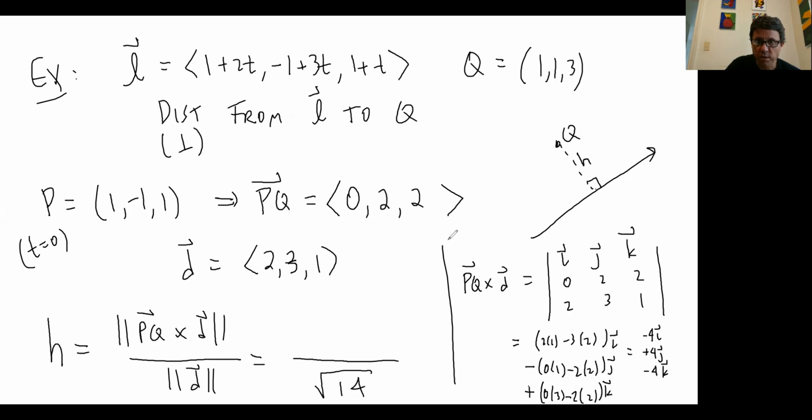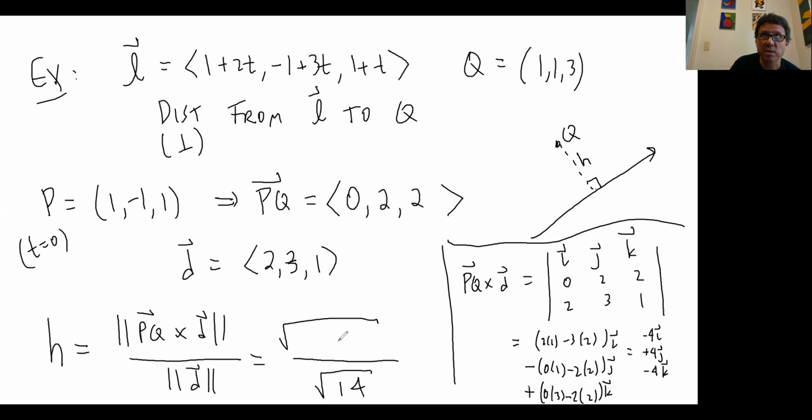So put that off to the side there. And now we have to do the length of that. So we grab that vector, we come over here and we do the length. That's the square root of -4 squared, so positive 16, positive 16, positive 16.